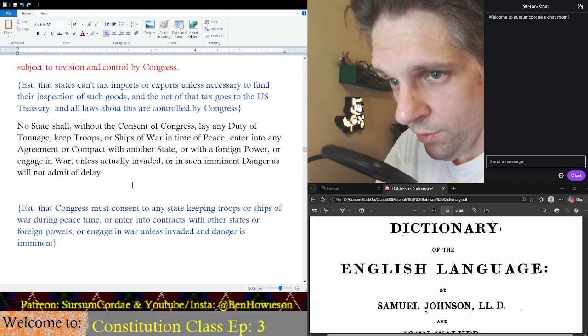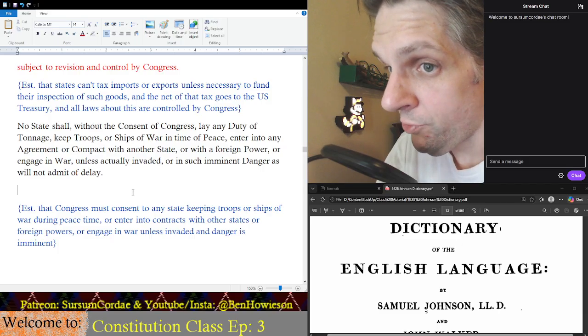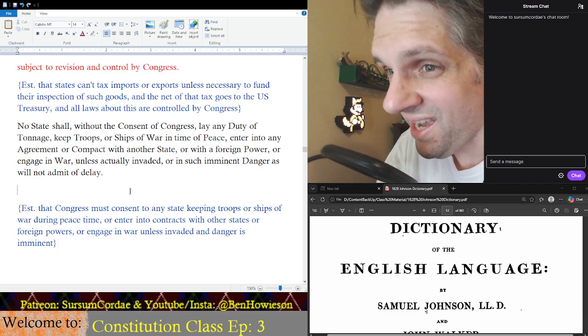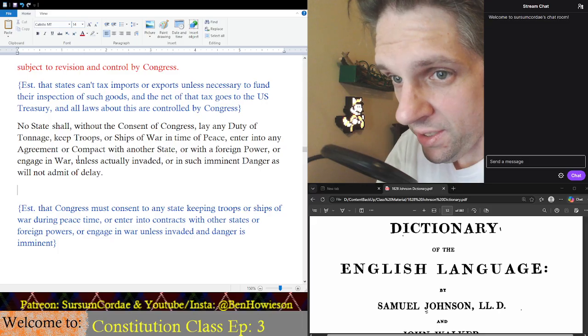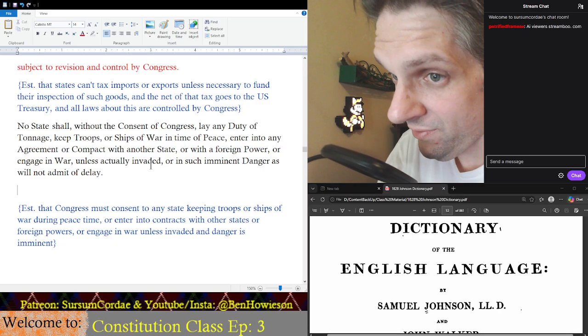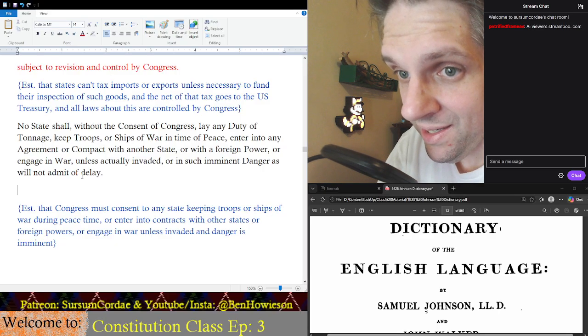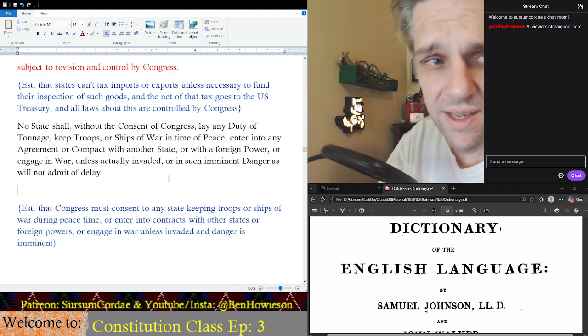No state shall, without the consent of Congress, lay any duty of tonnage, keep troops or ships of war in time of peace, enter into any agreement or compact with another state or with a foreign power, or engage in war unless actually invaded or in such imminent danger as will not admit of delay. Admit of delay?